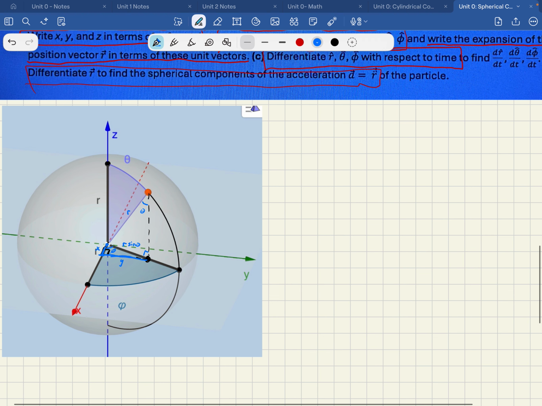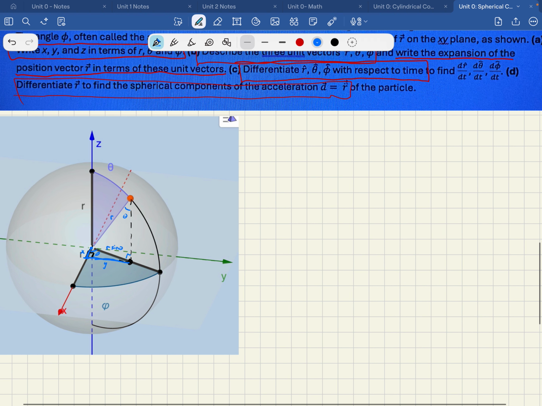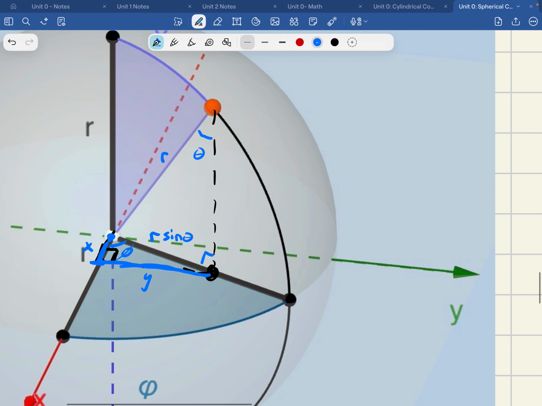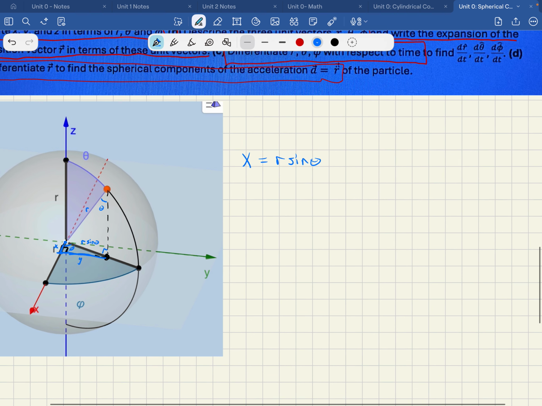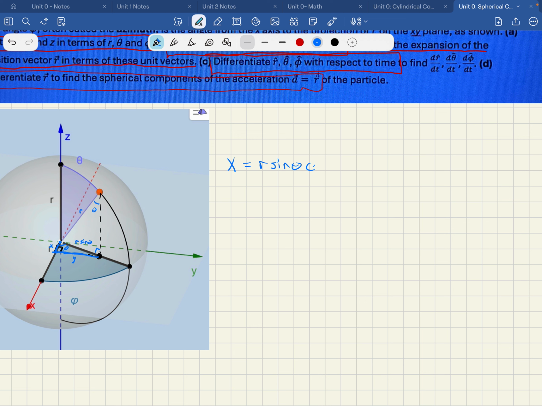So, based on that, x is going to equal the hypotenuse of that bottom triangle, r sine theta, times cosine of the angle in the flat triangle, so cosine phi.